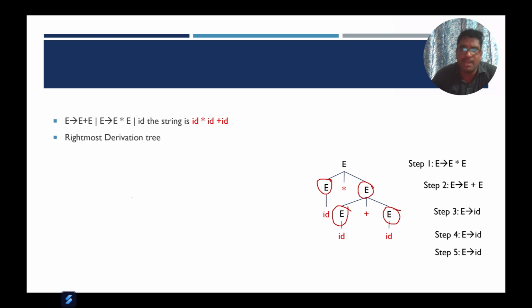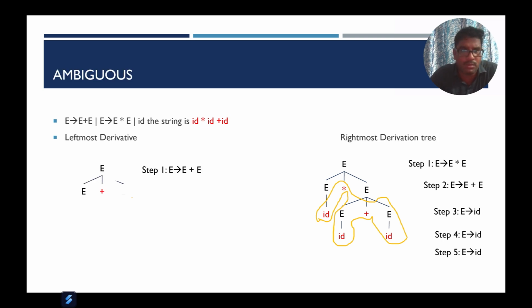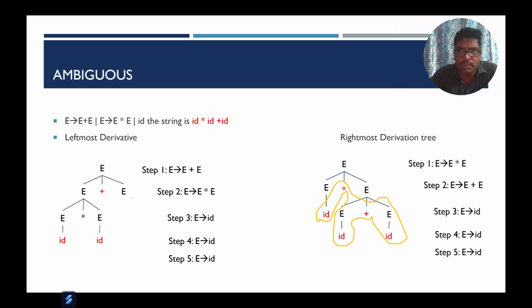So finally I got the ID star ID plus ID string. So the same input is derived with the leftmost and rightmost, right? Same input we got.